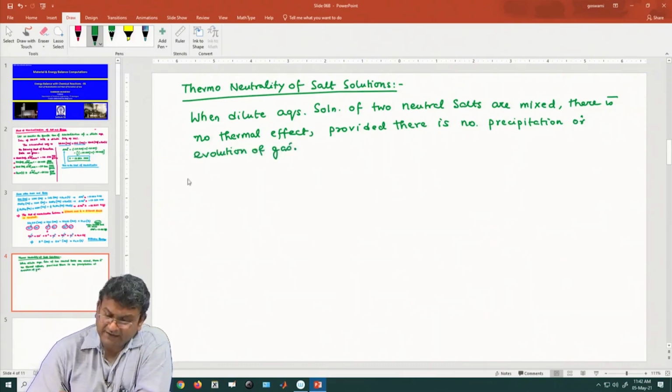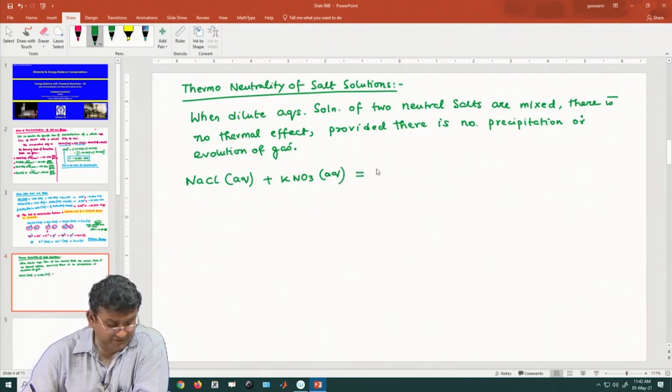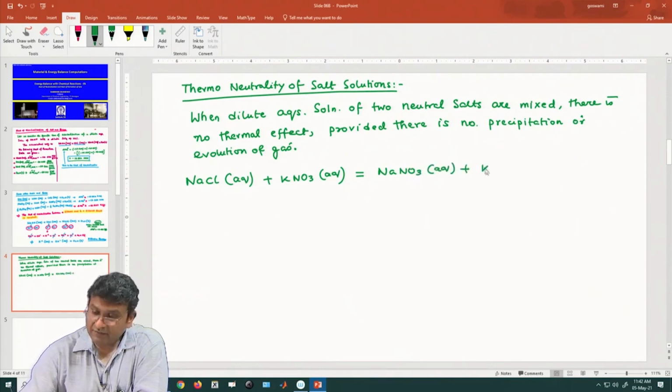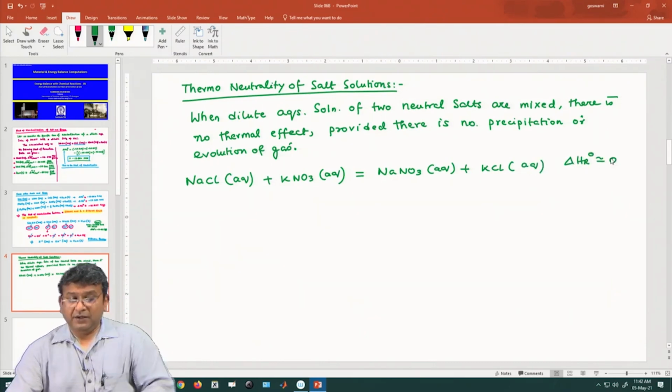So, it is something like this, let us say NaCl plus KNO3, and the reason for this occurrence is exactly what we discussed in the previous context, and the heat of reaction is nearly equal to 0.